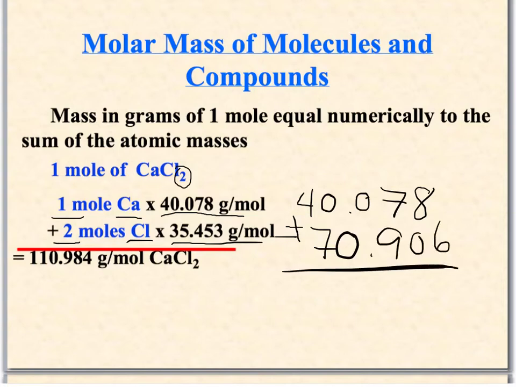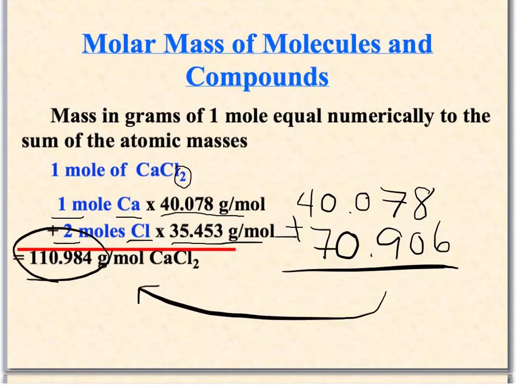When you add those two things together, you should get 110.984. And again, we use that unit grams per mole. So that would be the sum of the masses of all of the elements that are in that compound. And that's how you find the molar mass of a compound or molecule.